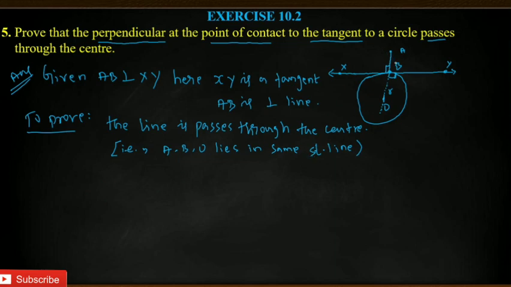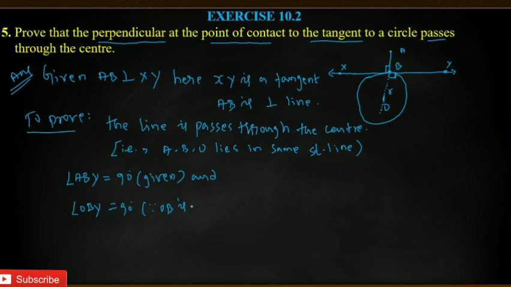Now listen, children. Already they have given AB perpendicular to XY. In the sense, what we have here is angle ABY, which is equal to 90 degrees. This is a given. And next, I'm telling you now that OB is a radius. So I'm telling OBY is also 90, because let me explain this.